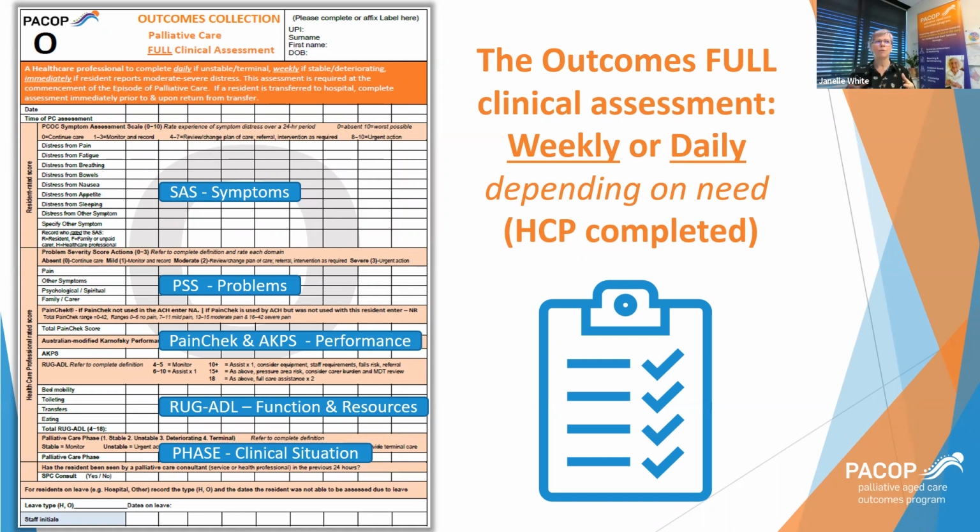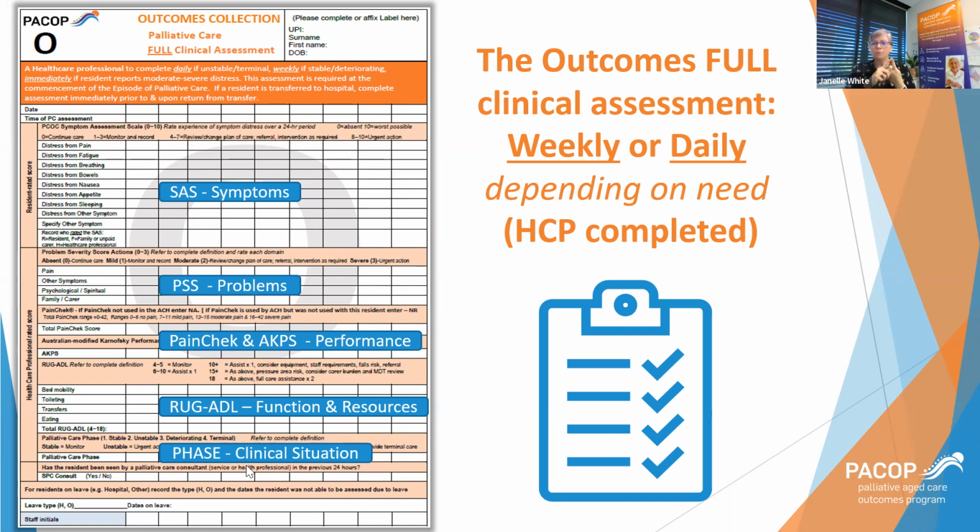So this is about, does the family have any concerns about the care the resident's receiving? So it really does bring in and involve the resident's family. There's PainCheck there as well for those aged care homes who are using it, especially for people, again, living with dementia. The AKPS is there, the RUG-ADL, and the phase, as mentioned. There are 4 phases.